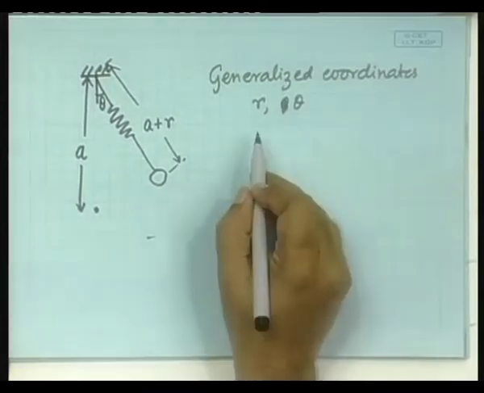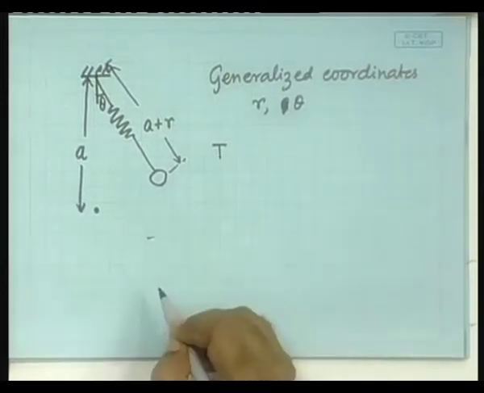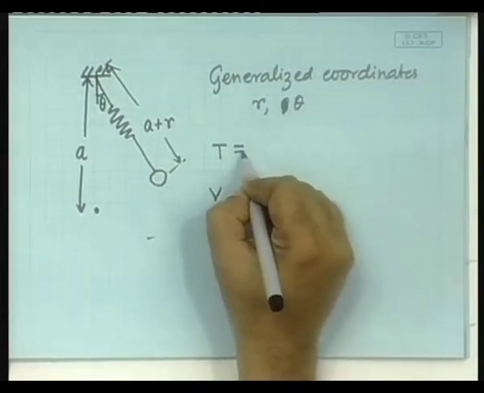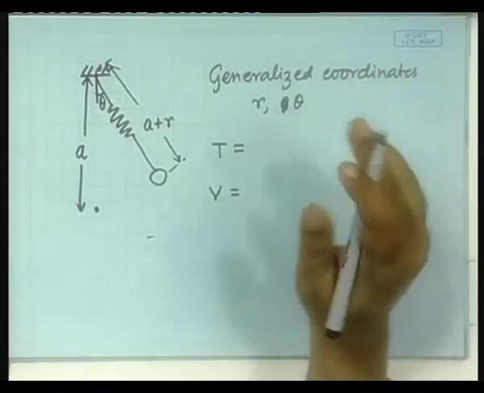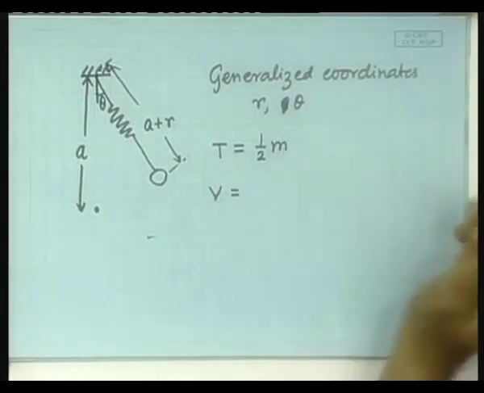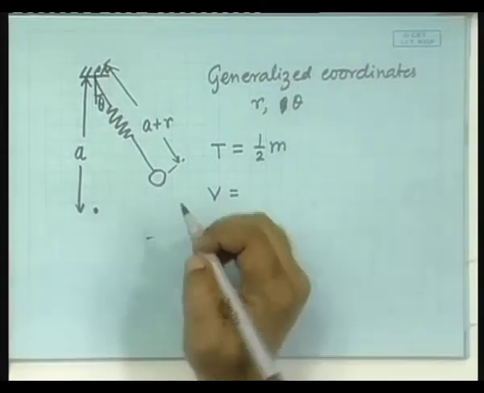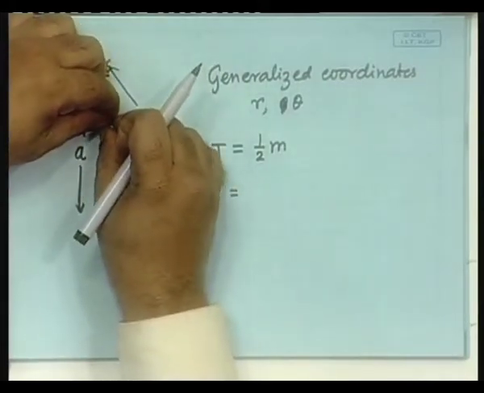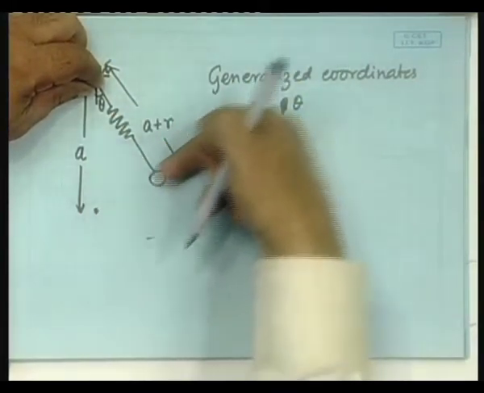Now in terms of this r and theta, what is the kinetic energy and what is the potential energy? That is what we will try to write. Kinetic energy will be relatively simple to write, potential energy will require a bit of thought. The kinetic energy is half m v square. So half m we will write first, and then we will figure out what v square is. Now notice that there is a component of the motion in the radial direction, and there is a component of the motion in the circumferential direction.